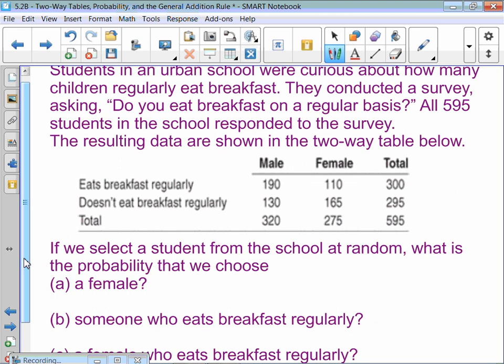All right, students in an urban school were curious about how many children regularly eat breakfast. They conducted a survey asking, do you eat breakfast on a regular basis? All 595 students in the school responded to the survey. And so here's our two-way table, male, female versus eats breakfast, does not eat breakfast. So if we select a student from the school at random, what's the probability we choose a female, Pete?